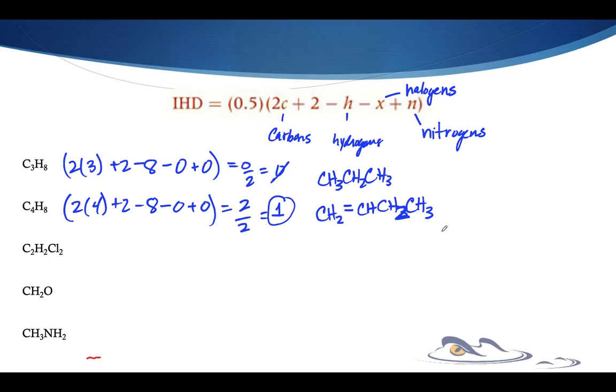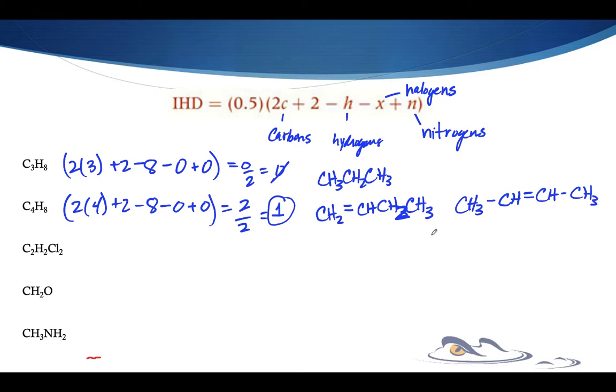I got the right number of hydrogens. I got 2, 3, 4, 5, 6, 7, 8 hydrogens, yep. Or it could be this structure, right? We could have another isomer of this if we move that double bond. So it could be CH3, CH, double bond in there, another CH, and another CH3.